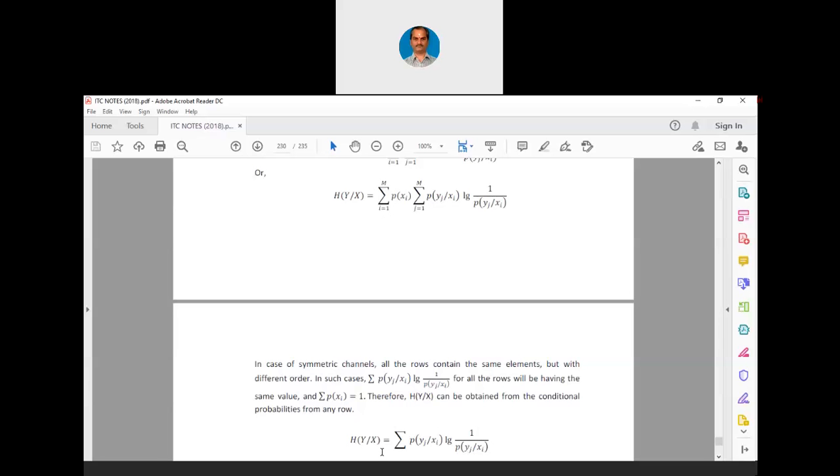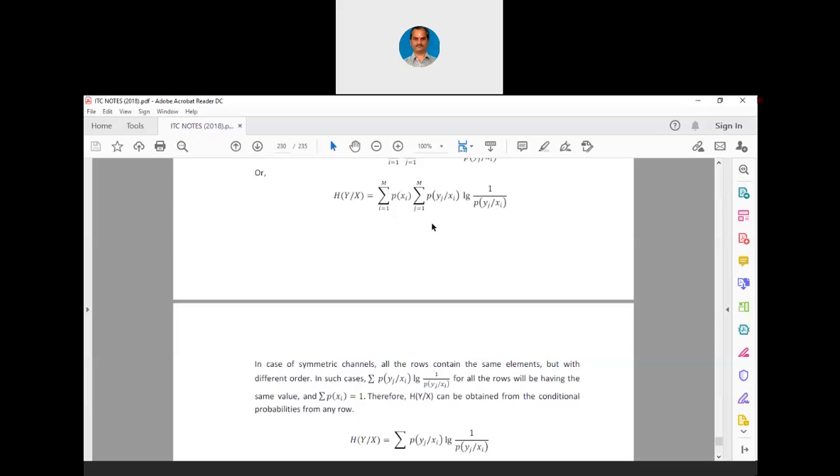It is not necessary that we should know the source symbol probability. Look at this. That is what it means. The upper expression, when you compare it to the lower expression, what it means is the summation of i equals 1 term of P of xi will not be unity otherwise, right?